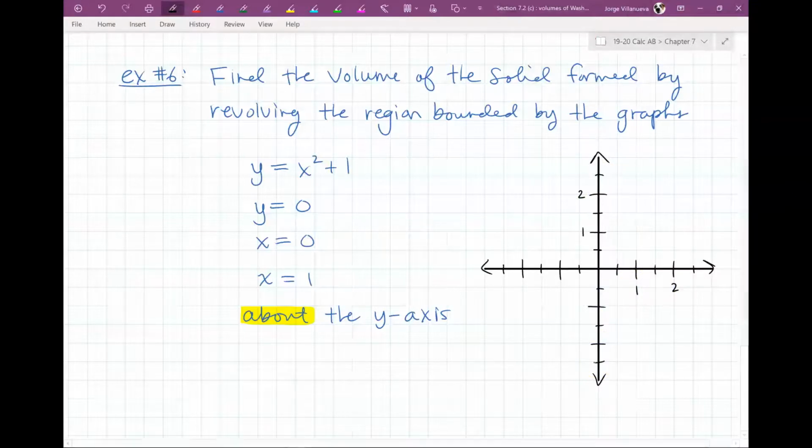And they said I'm going to have to bound it by y equals 0. So that's going to be this line here. That's y equals 0. X equals 0. It's going to be this line here. X equal to 1.